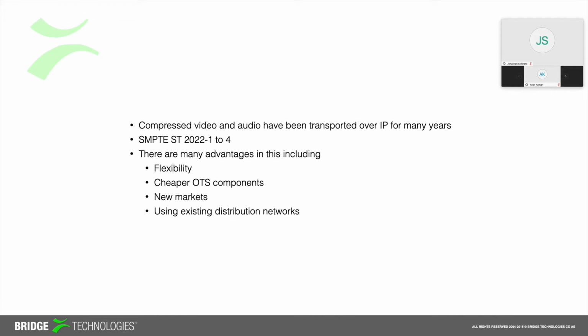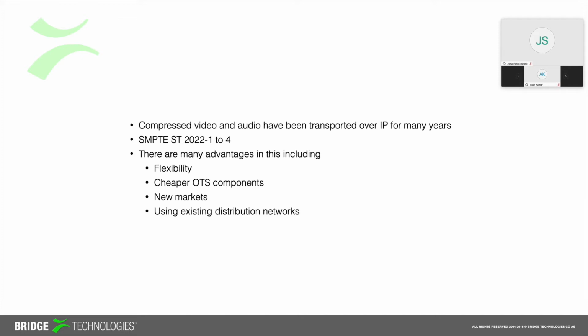There are many advantages in using IP as opposed to SDI routers or ASI routers. They're all bespoke devices only used in the TV industry, the video industry. Using off-the-shelf components like IP routers and switches gives a great cost advantage.